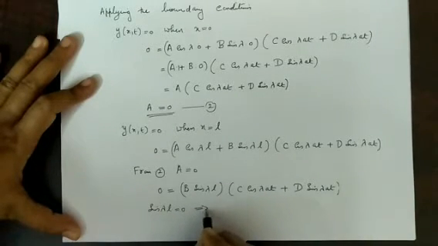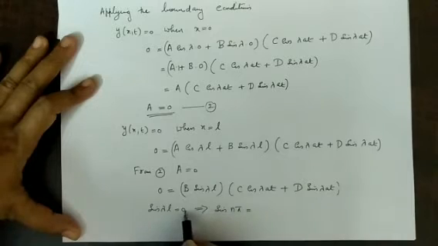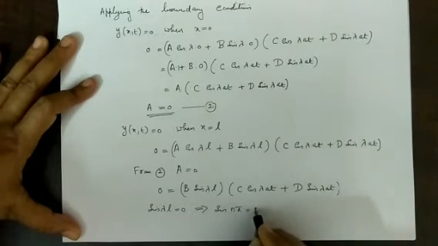Now the sine function becomes equal to 0 when the argument is n pi, since sin n pi is always equal to 0.